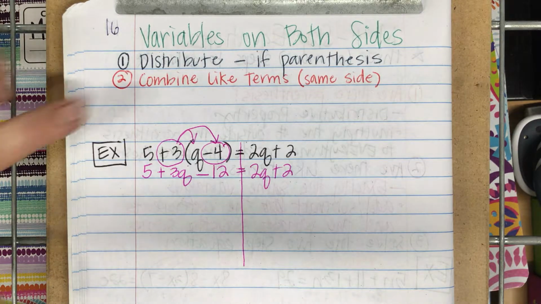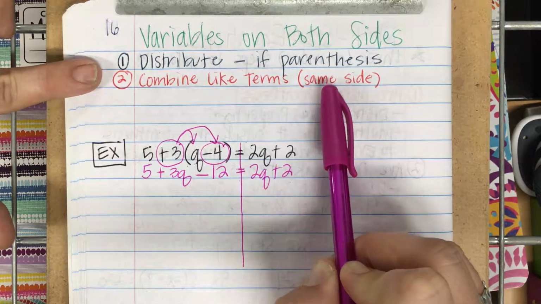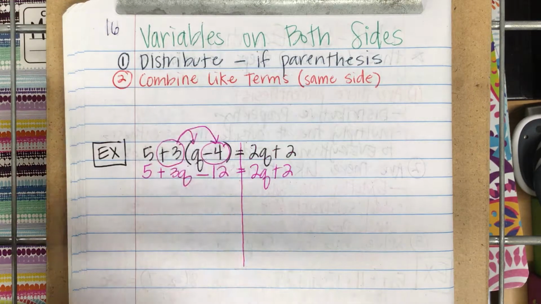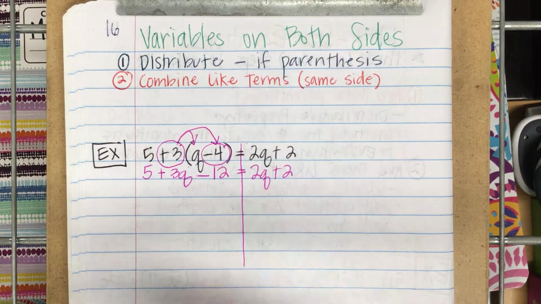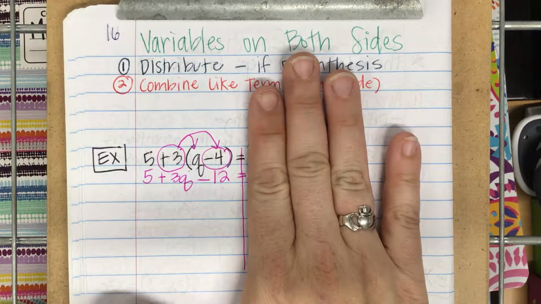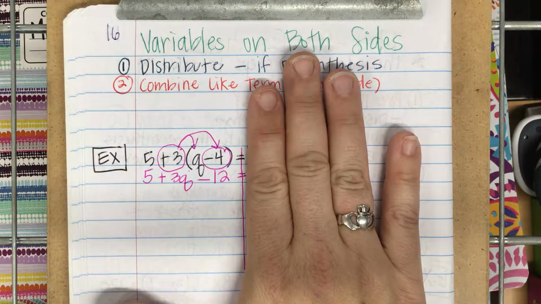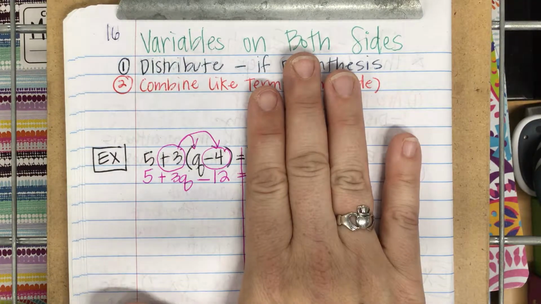Then I look at step number 2, which is combine like terms. But I've added over here if they're on the same side. So I'm only looking at one side at a time. So if I start with the left side, is there anything that can go together on the left side? Tochiku, what can go together? Perfect.